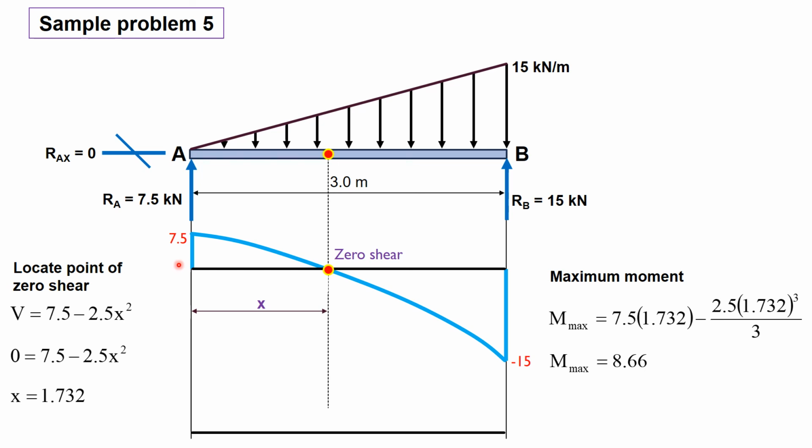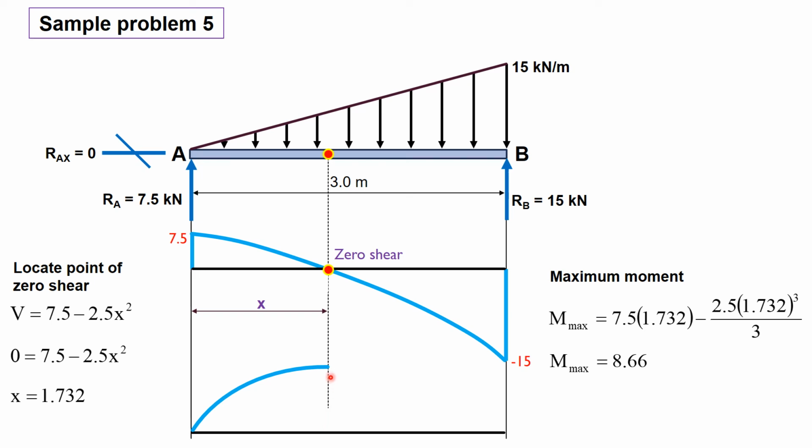From here up to the point of 0 shear, this is your curve. It is concave downward because, based on the guideline, the shear is decreasing, from 7.5 to 0. So from this point up to here, it is concave downward.